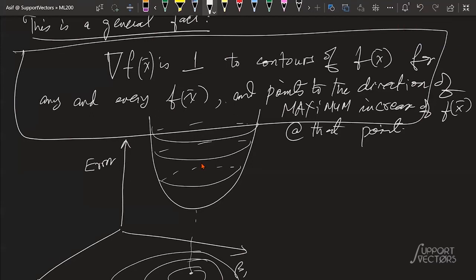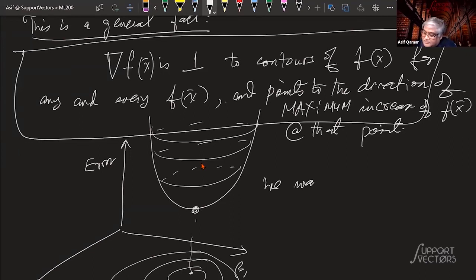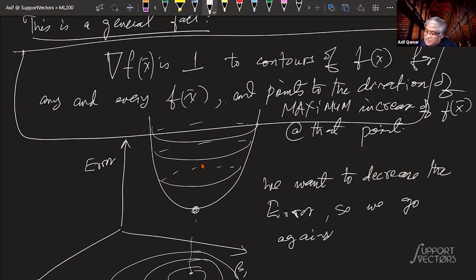Gradient descent. And therefore, in our case, what do we want to do? We want to decrease the error. So we go against the gradient, right?